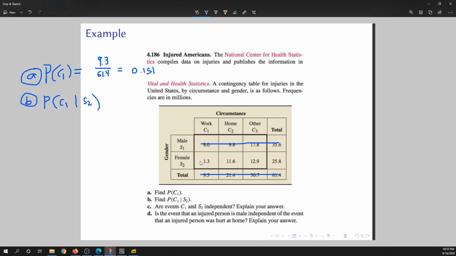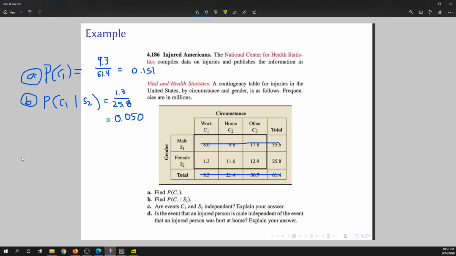It happened at work, so that'd be 1.3, and then out of the total number of females that had accidents, that would be 25.8. Here we're just directly using the table to calculate this conditional probability. We are not using the conditional probability rule. That comes out to be 0.050.